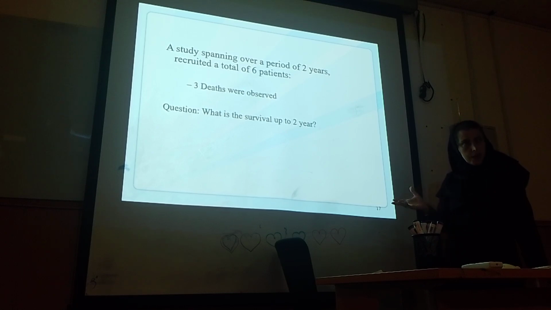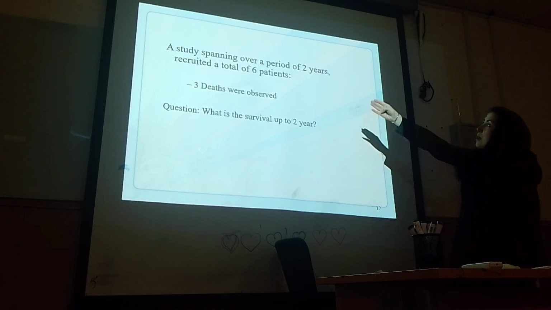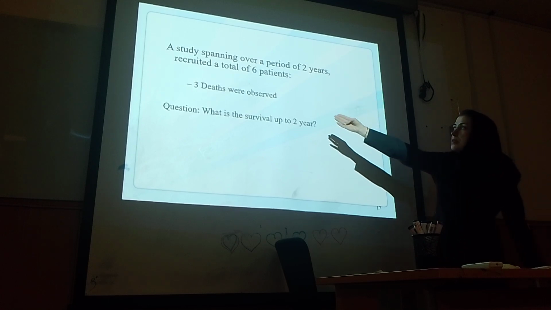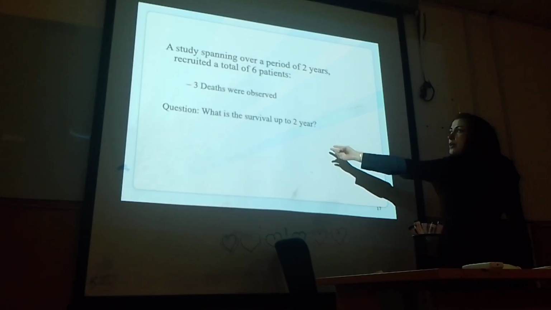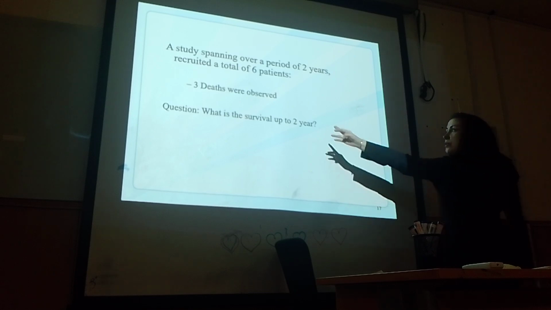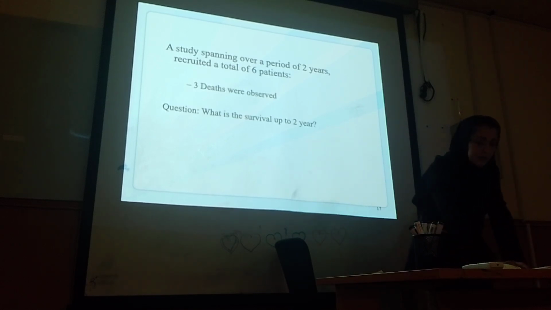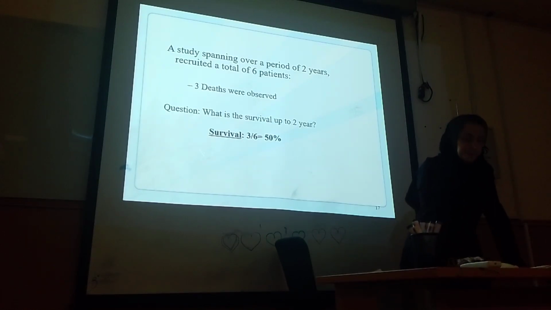Of 6 patients, 3 deaths were observed. 50%. It means 3 probably are alive. 3 divided by 6 into 100 means 50%. Okay? Is it right? Yes.